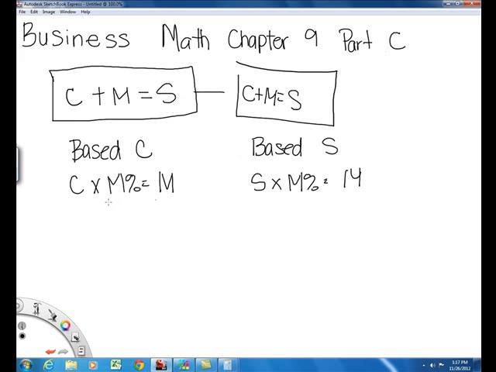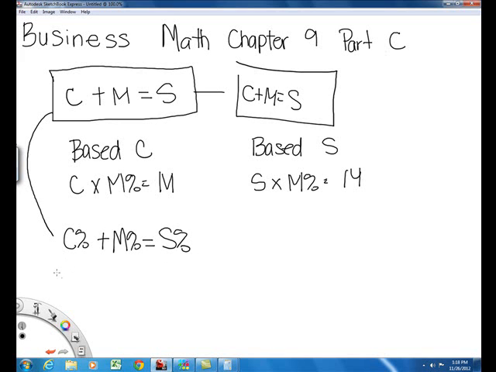Now, another thing that I just want to show you in another way, and this is the same formula, is that cost percentage plus my mark-on percentage or mark-on rate will equal my selling percentage.